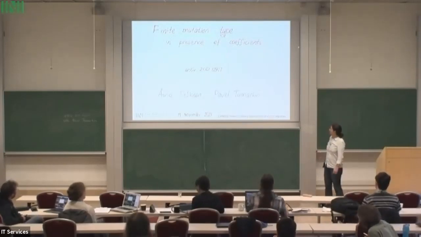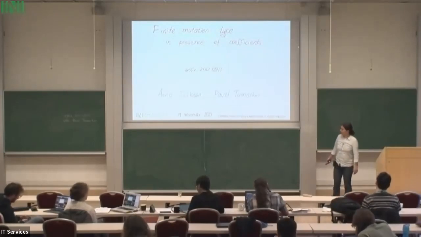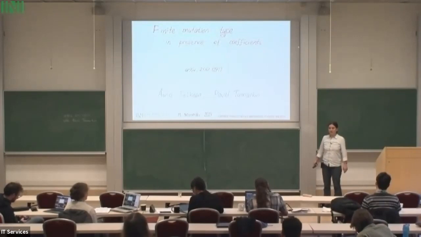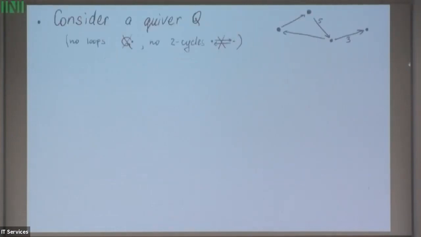I'm going to speak about a joint work with Pavel, which recently appeared on arXiv. So what are our settings? Let Q be a quiver without loops, without two cycles, and everything as usual, and even everything is integer today for a change.